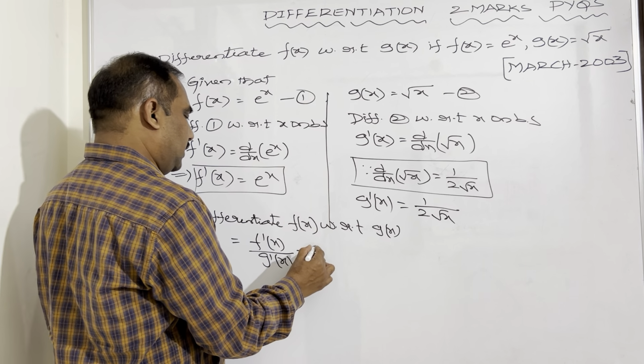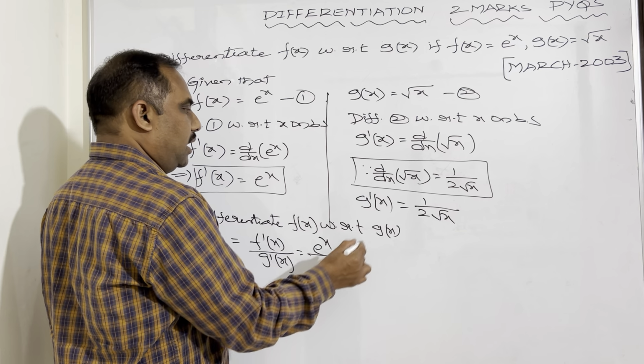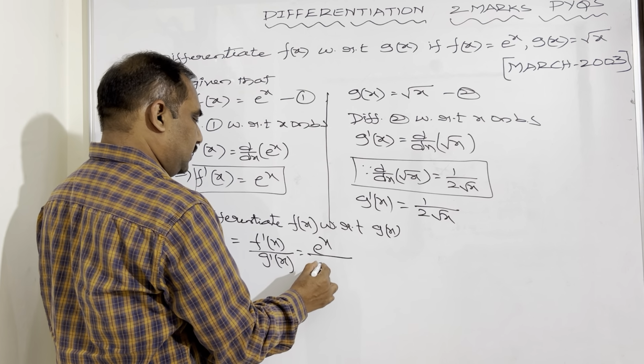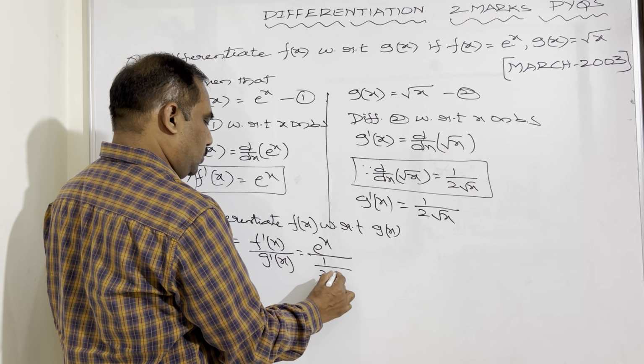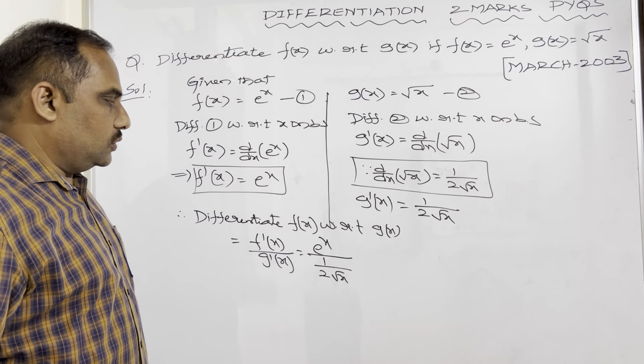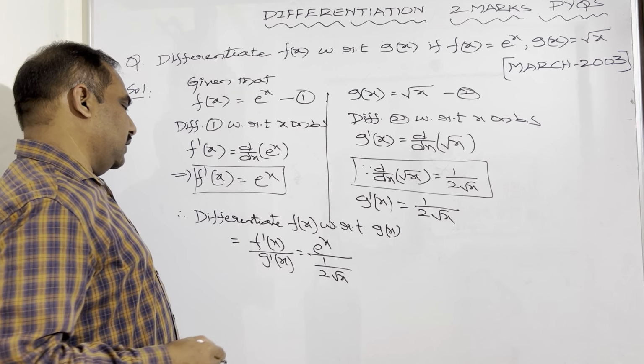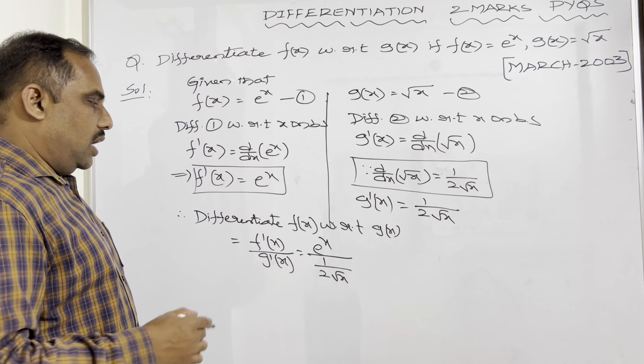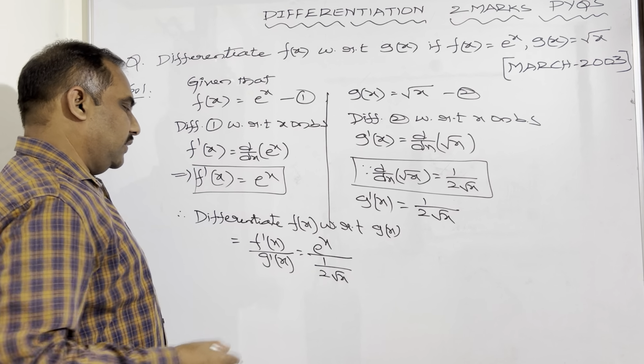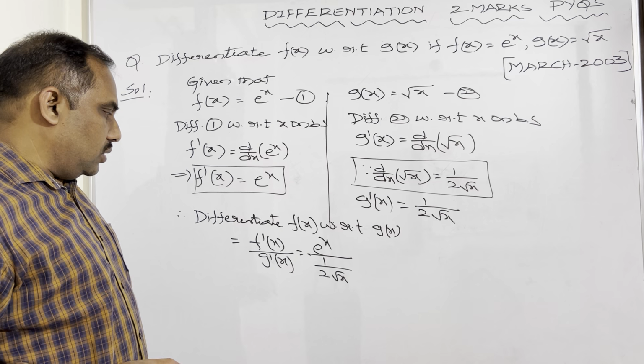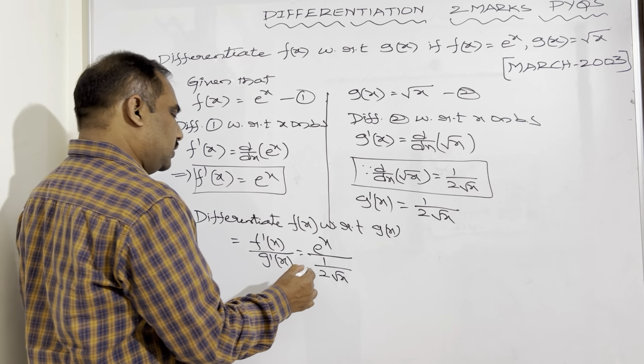Now f dash of x is e power x, and g dash of x is here 1 by 2 root x. This is what you get. So f dash of x is e power x and here g dash of x is equal to 1 by 2 root x.